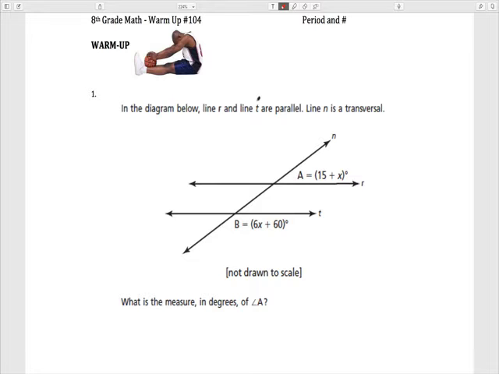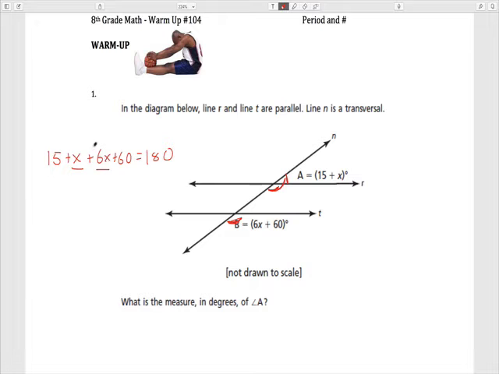So for this first one, you should have seen that these two angles right here create supplementary lines. Because this one matches this, this whole thing would equal 180. So we're going to set it up equal to 180. 15 plus x plus 6x plus 60 equals 180 degrees.